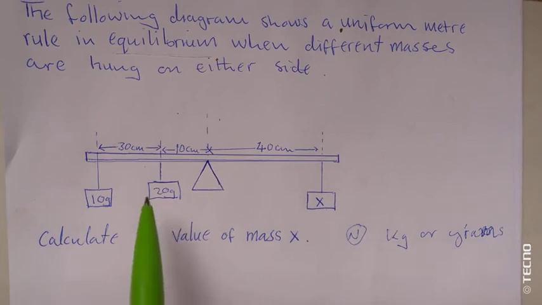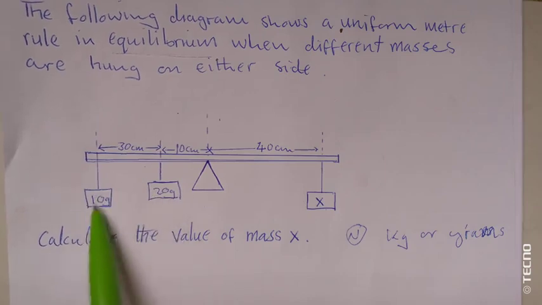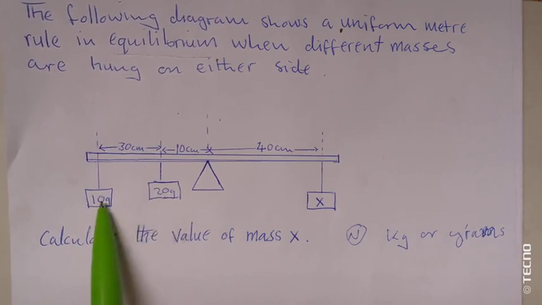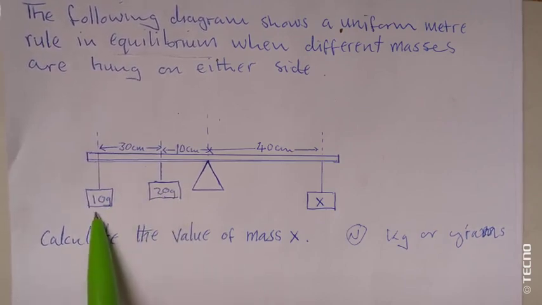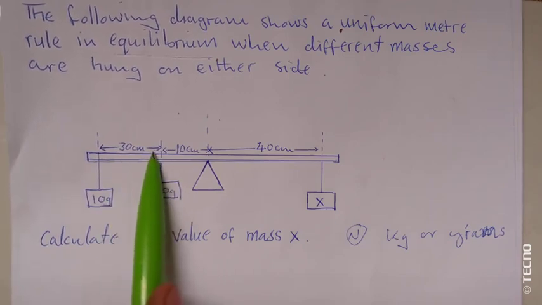But here, the masses that we have been given are in grams. As we see, this is G, this is D. Then the units there are in centimeters.